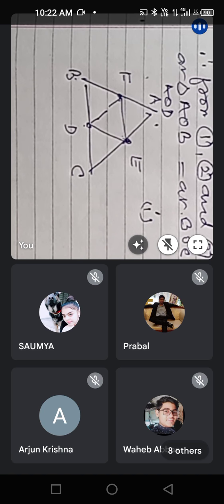Therefore, area of triangle DEF is 1/4 area of triangle ABC.